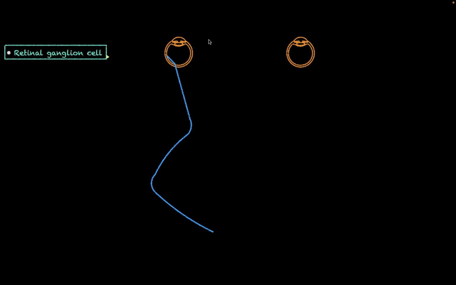In our left eye, we have a left retinal ganglion cell right here, and this ganglion cell is going to project into the left side of the brain. It's going to project mainly into two areas. The first is the lateral geniculate nucleus, and the second is the pretectal nucleus in the brain as well. In our right eye, we also have a left side to the retina.